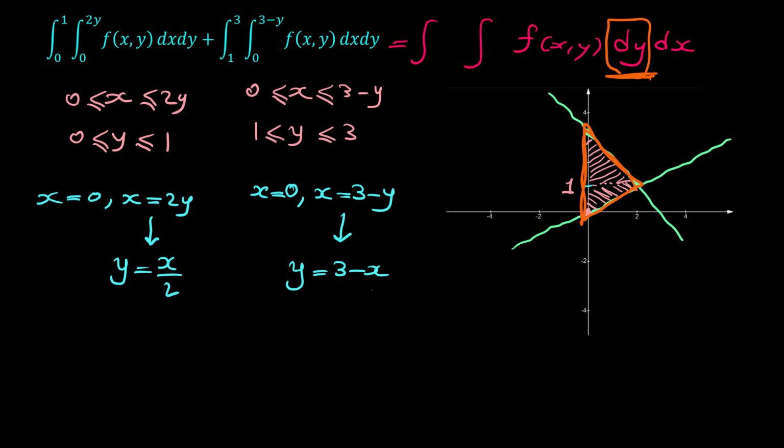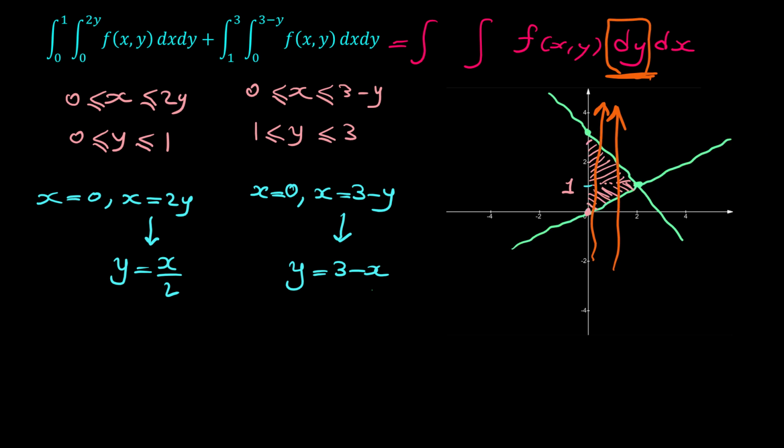When we draw vertical lines like this, these vertical lines enter the region at this line, if you pay attention. So this is the region. They enter the region at this line. What is the equation of this line?